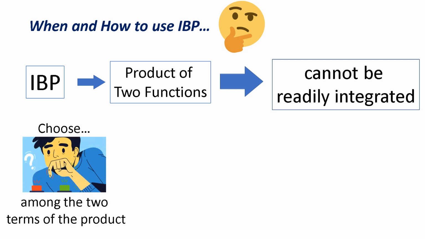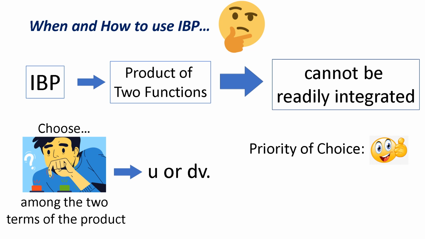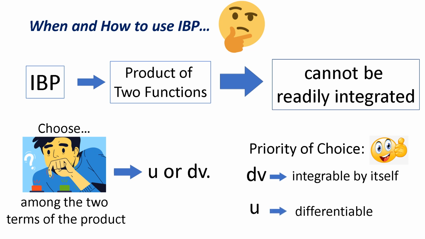The first step is to choose which among the terms of the product will be the proper u and the proper dv. And take note, the priority of choice for dv must be integrable by itself, and the u, on the other hand, must be differentiable.